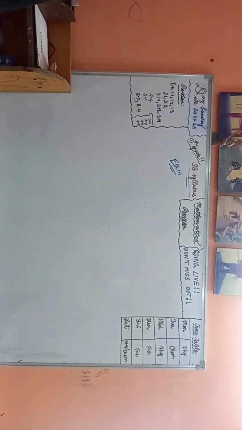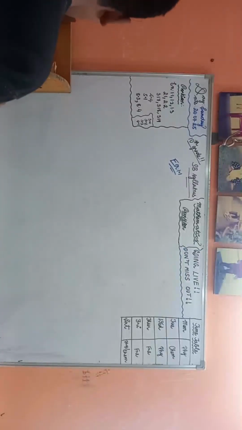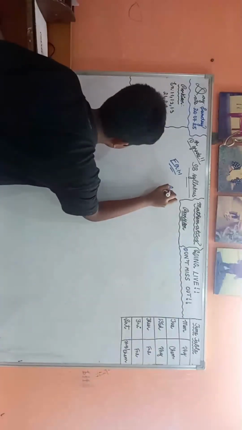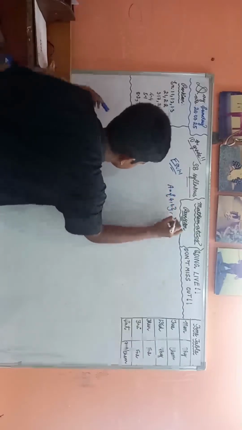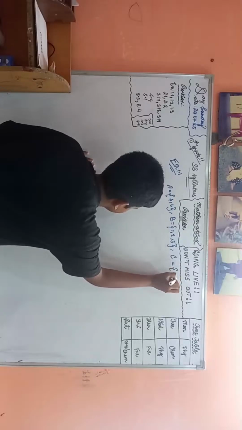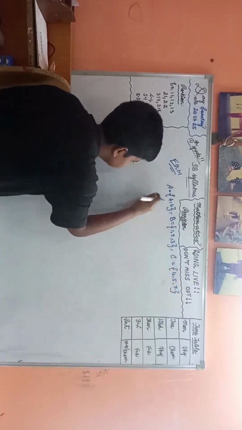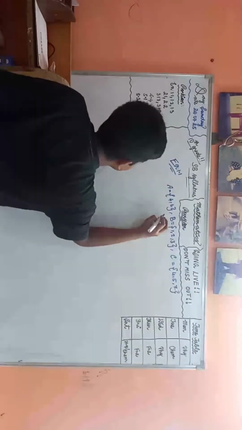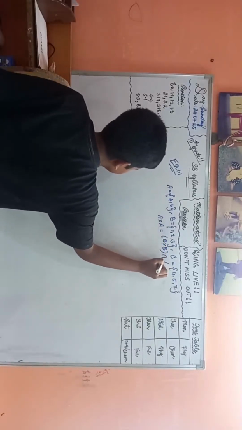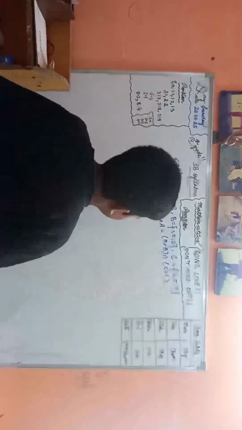Now, is there any other? They'll ask, if A is equal to 4, 6, B is equal to 1, 2, 3, and C is equal to 4, 5, 7, then find A into A is equal to B into B. It doesn't count C into C. They'll probably ask this.